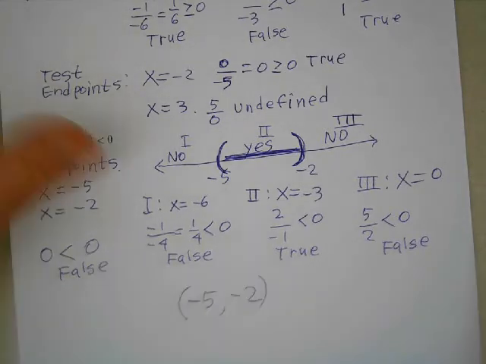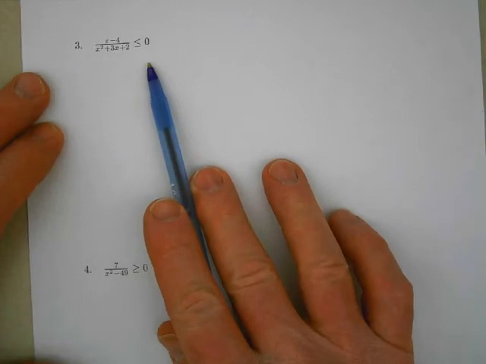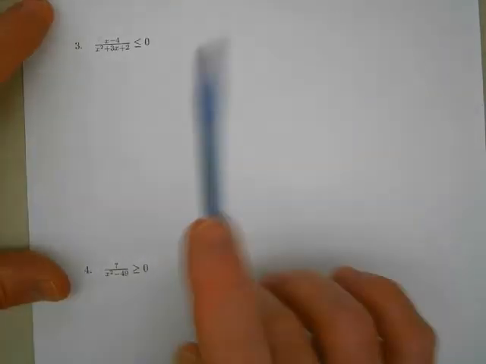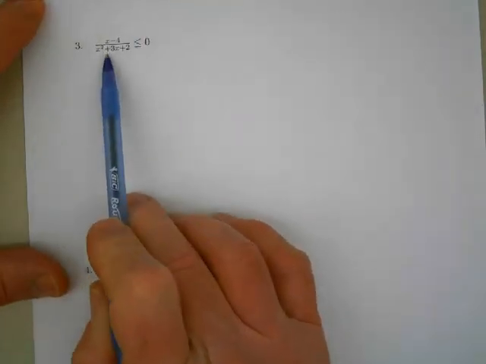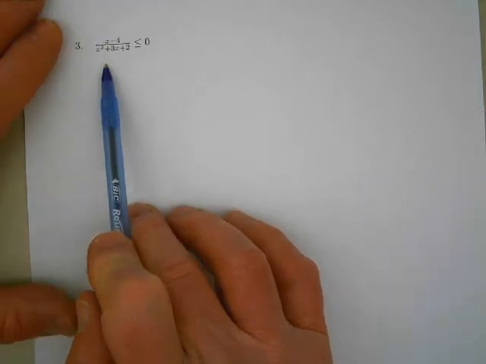And the next example, number 3, well, we have 0 on one side. That's what we want. And then we want to find the endpoints. The endpoints are the x values that make the numerator 0 combined with the x values that make the denominator 0.